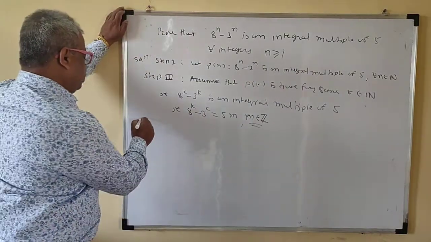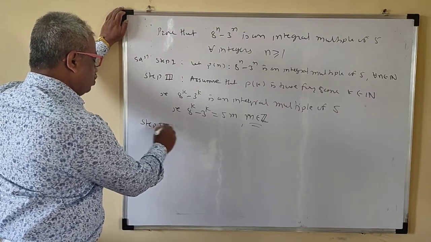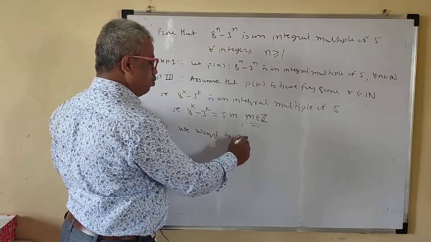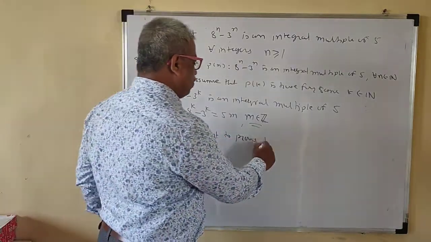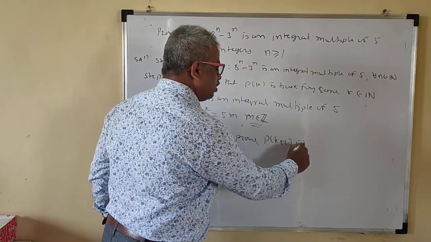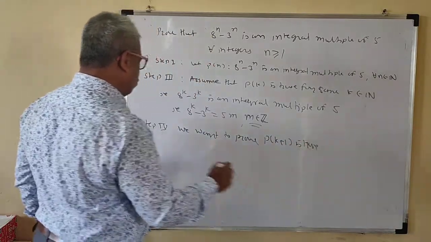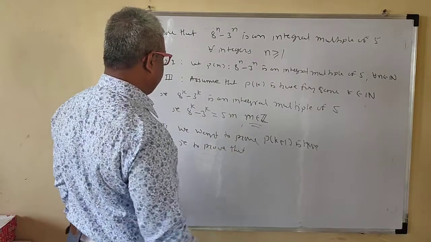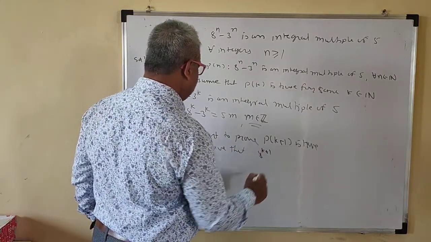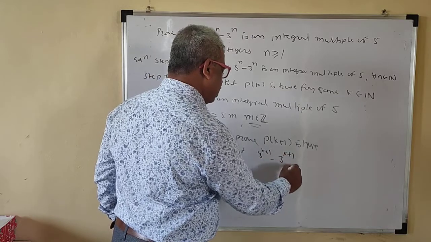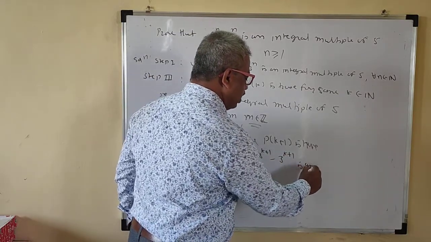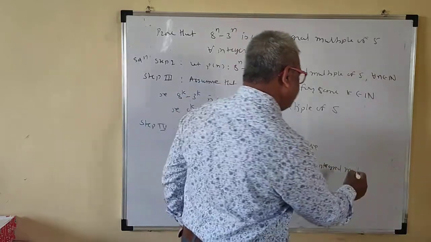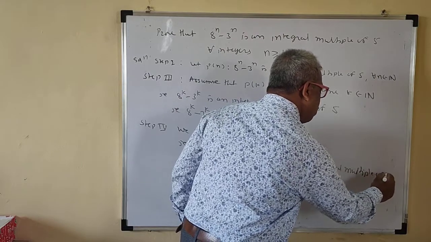Now step 4. This is very important. We want to prove Pk plus 1 is true. That is, to prove that 8 raised to k plus 1 minus 3 raised to k plus 1 is an integral multiple of 5.